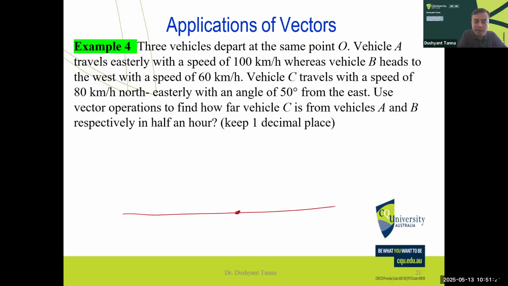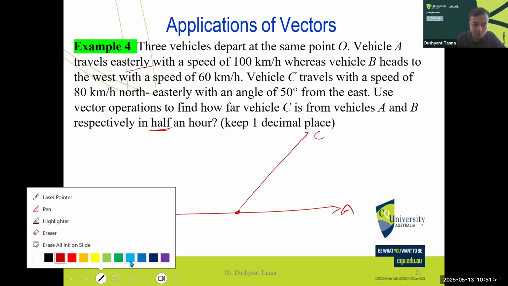Now, something that you should bear in mind, we are only considering half an hour. So if it's traveling at 100 kilometers per hour, let's set this up. So this is my A, because A is going east with a speed of 100. B is headed west, so this is my B, and C travels 80. That is my C. Okay.